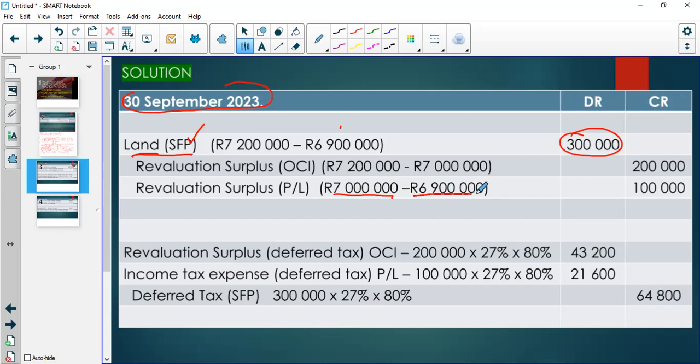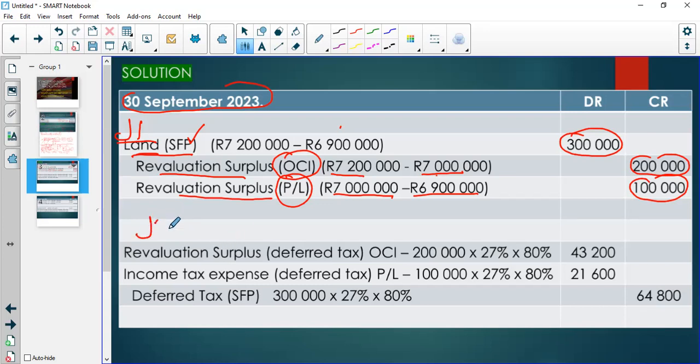Anything below that, this 100,000, will be recognized in the revaluation surplus account that is reported in the profit or loss account. Then the portion above the 7 million, that is 7.2 minus that, which is the 200,000, will be reported in the revaluation surplus under other comprehensive income. All right, so you can refer to this as your journal number 1. That's the first entry that we're going to make.